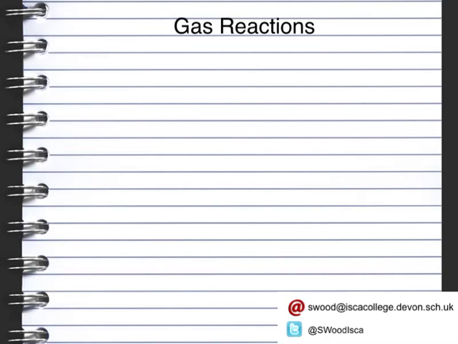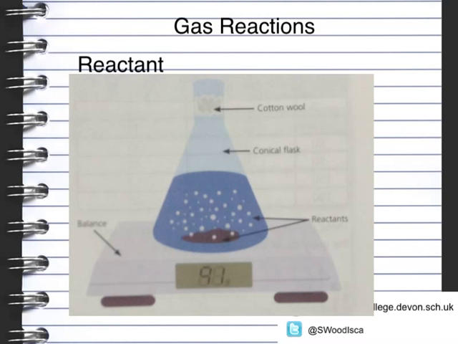Now, whenever you have a reaction that involves a gas, there are two ways that you can actually monitor the reaction. Now, the first way is where you actually monitor the amount of reactant that there is. So if we have a look at this equipment here, you can see that you've got the solid here, so it could be magnesium, it could be calcium carbonate with an acid.